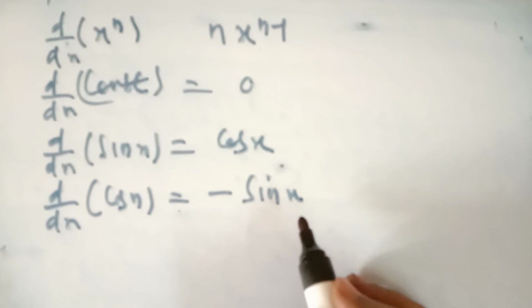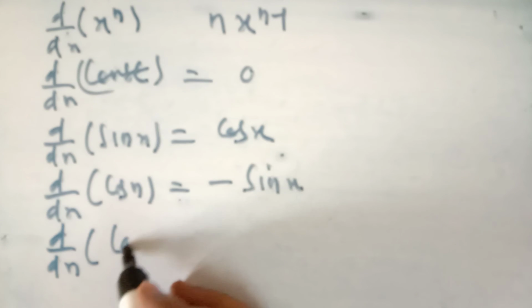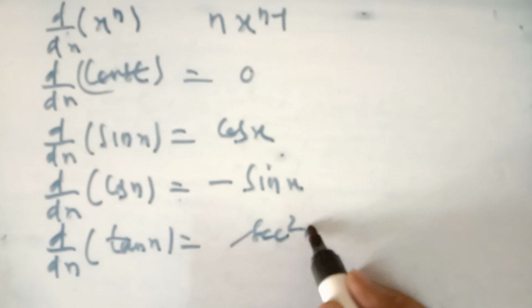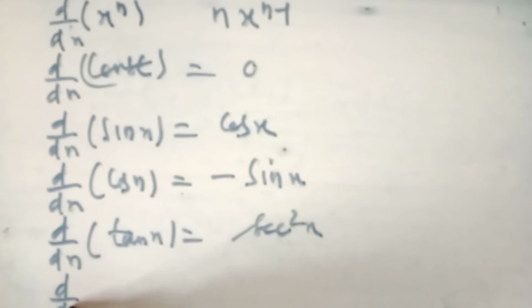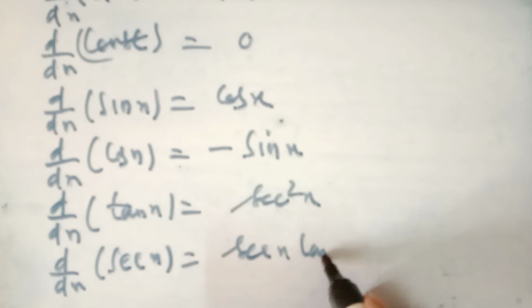Then we have done the derivative of tan x, which is equal to sec square x. Then we have done the derivative of sec x, which is equal to sec x into tan x.